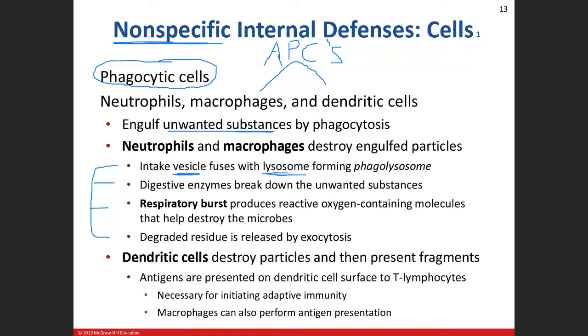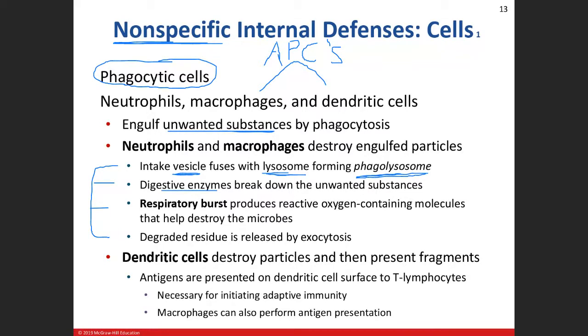So that lysosome will fuse with that vesicle, and we call that a phagolysosome. Now the phagolysosome is mixing with the digestive enzymes from the lysosome, and it breaks it down. And then the cell will get rid of the debris.